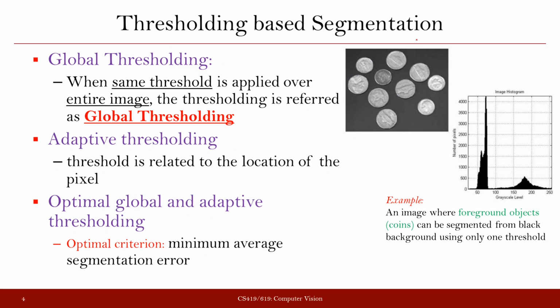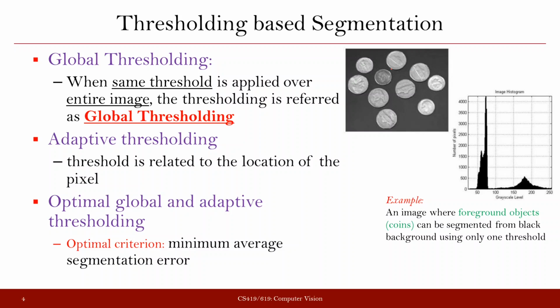We discussed threshold-based segmentation in the last class, and this technique was only applicable when the image had grayscale distributions where, if you plot its histogram, the histogram has multiple peaks. If the image is not of that nature, then we cannot make use of thresholding-based image segmentation.